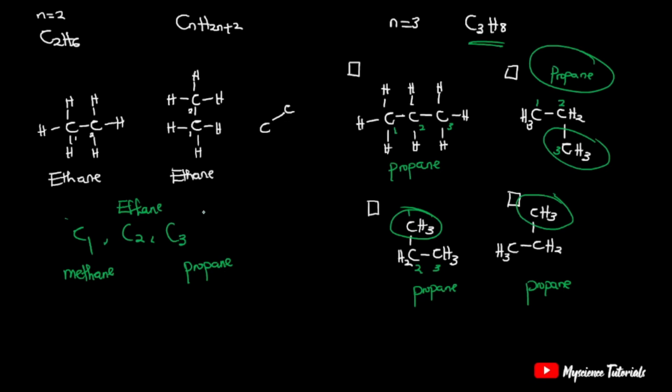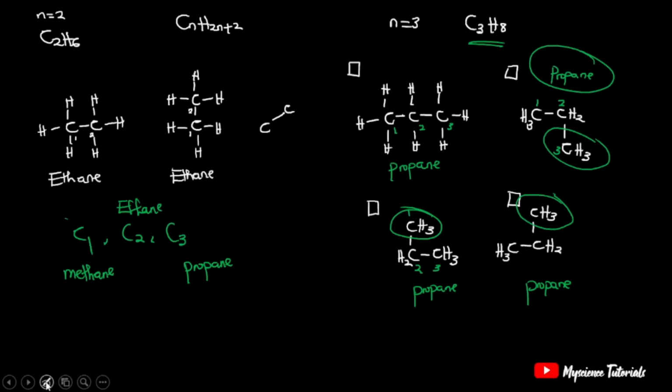So what it means is that alkanes with carbon 1 through to carbon 3 only have one possible structural isomer. Okay, so if it is ethane, it's just ethane. If it is methane, it's just methane. If it is propane, it is just propane. It doesn't matter how you try to change the carbon-carbon connectivity or framework, you still get the same compound.